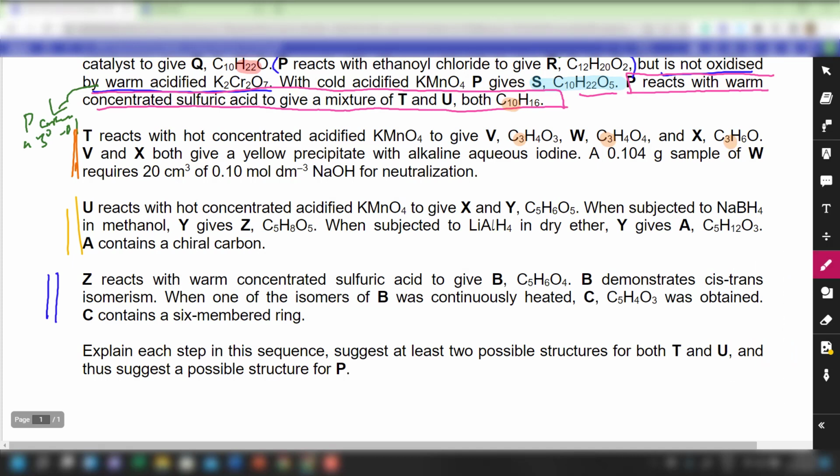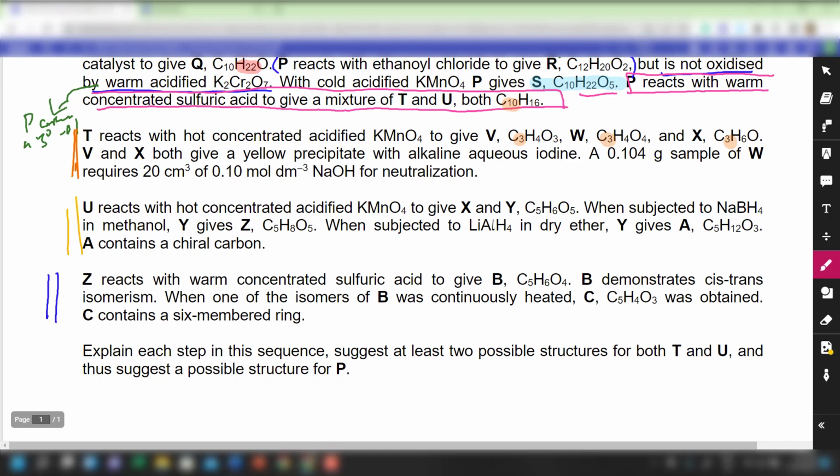You need to remember it at the back of your mind, because otherwise later on when you work out the structure of T, you might end up giving unreasonable structures. In the process of strong oxidation, T must give off 1 equivalent of CO2. That means that T contains 1 terminal alkene. That's also a very important clue which you need to be aware of.